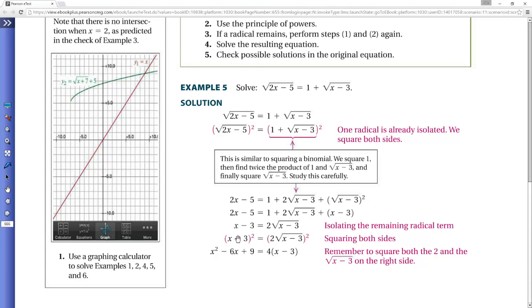They added 2 to both sides. That's how they got this -5 to go to 3. And then they also have an x here, so they added a -x to both sides, and you get 2x goes to x. So now I have x minus 3 equals 2 square roots of x minus 3.